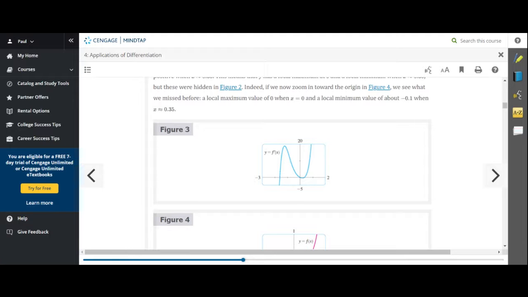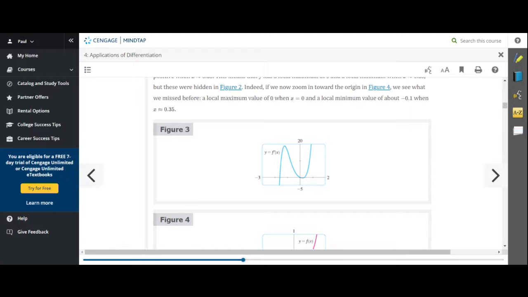The function will have a local minimum at x equals negative 1.62, because the derivative function changes from negative to positive there.